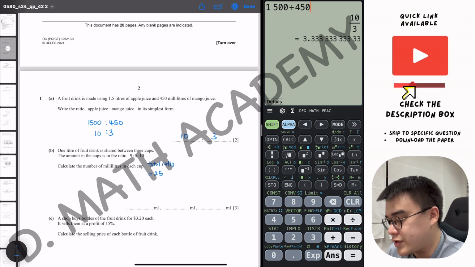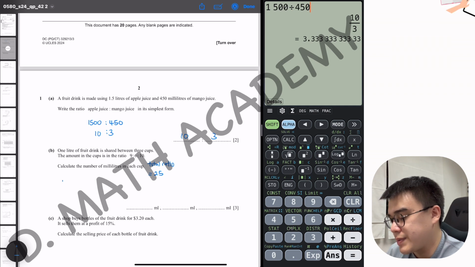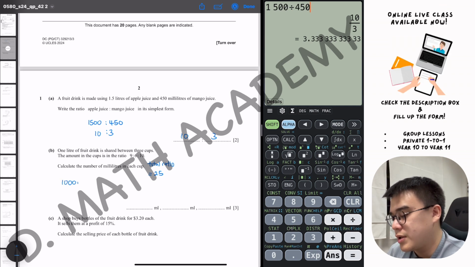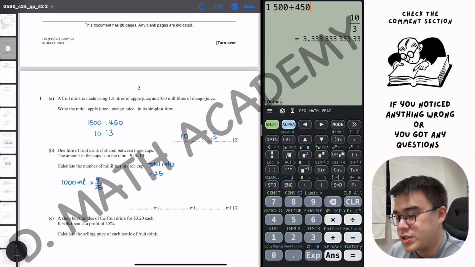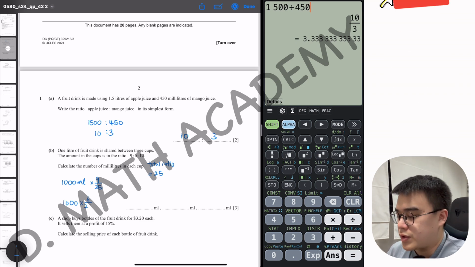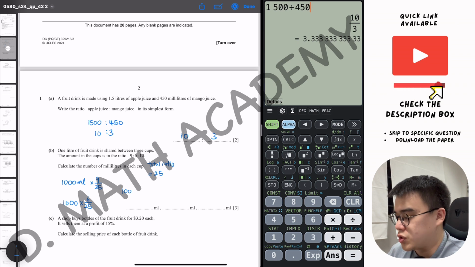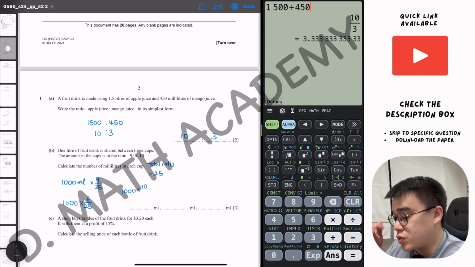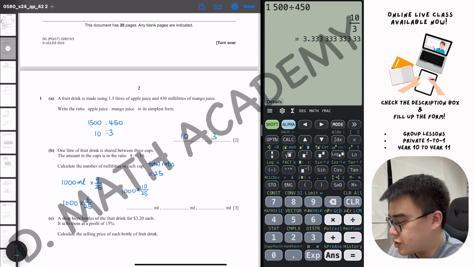So 25, take 1 liter. 1 liter is basically 1000 ml. Multiply with 9 over 25 to find the first one. Repeat the same process, just that you are doing it for a different ratio. So through working this out, you should be able to get your answer.